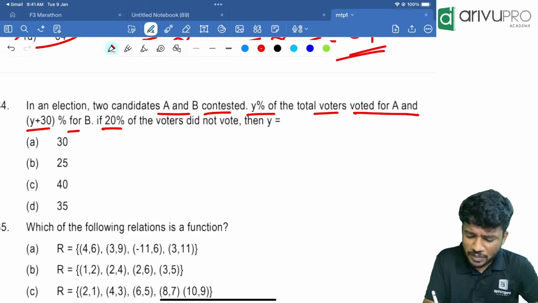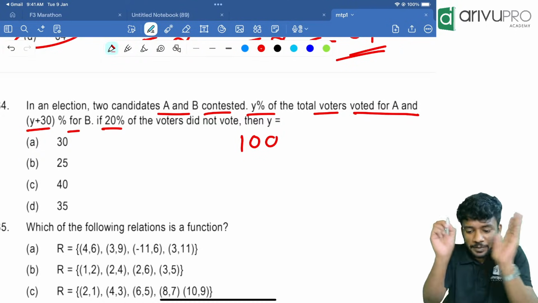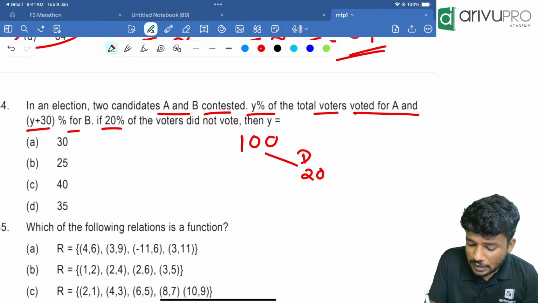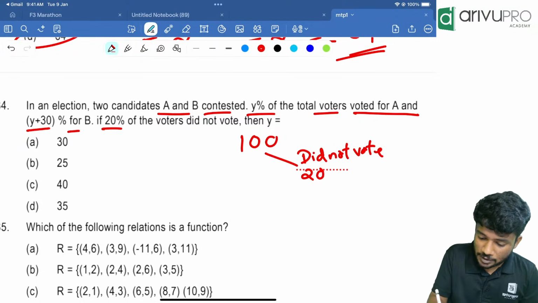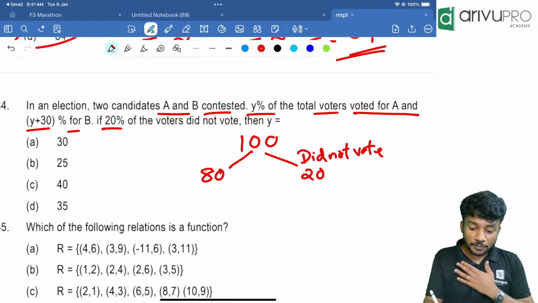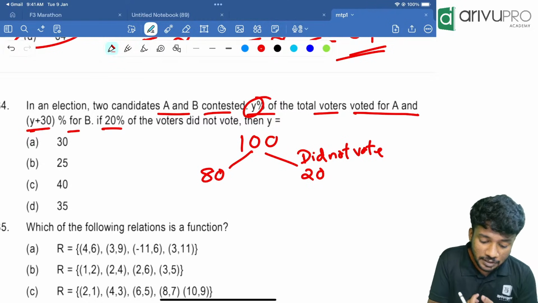People, you tell me. If I am taking total 100%, okay, 100 people are there. Let it be like 100 votes are there. Out of that, how many did not vote? 20 did not vote. Am I correct? Yes. Then how many voted? 80 voted. Correct?